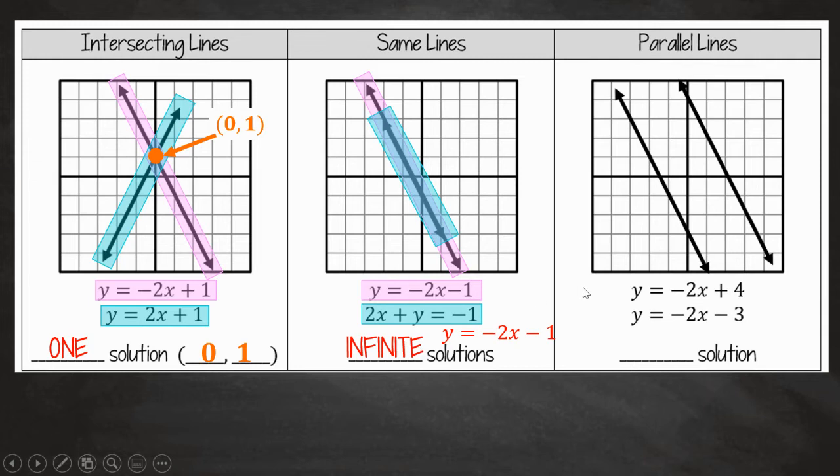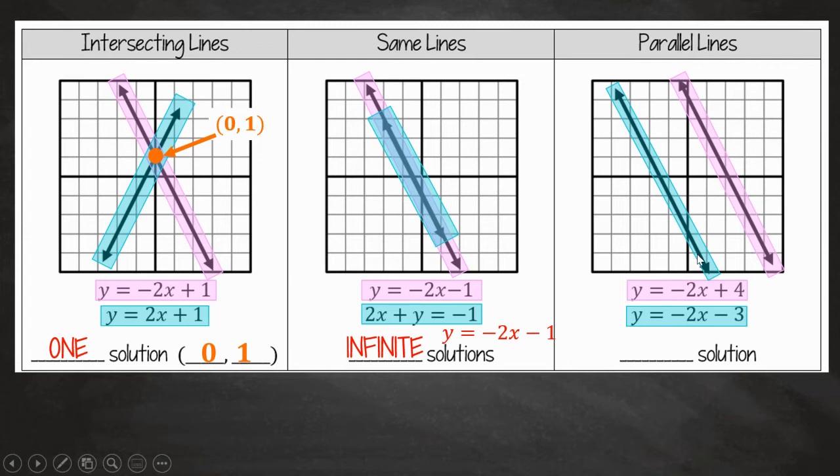All right. Now, in our last type of system of equations, we have parallel lines. And again, this is not always going to be obvious because a lot of times they will give us an equation in standard form and an equation in slope-intercept form. But in this instance, we can see that this line matches up with the equation y is equal to negative 2x plus 4. And this line matches up to the equation y is equal to negative 2x minus 3.